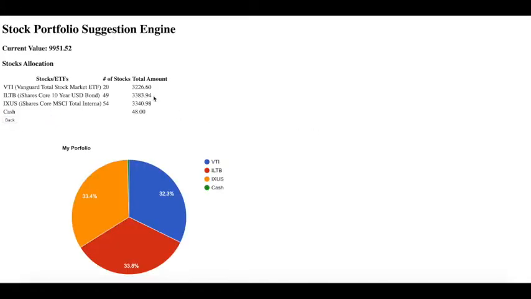Here we can see that for this index investing, we distribute the investment amount into 3 ETFs, which are VTI, ILTB, and IXUS. We can see the number of the ETFs here and the total amount that we spent on purchasing each ETF.